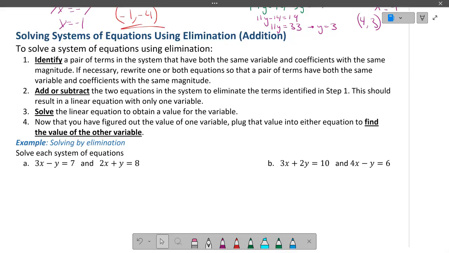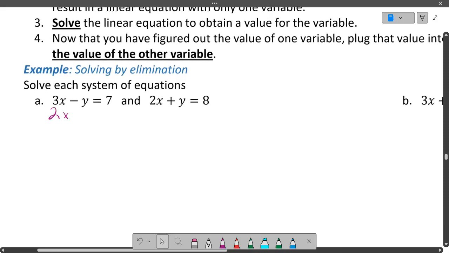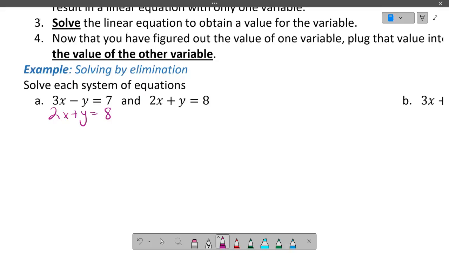Okay. So we want to stack this up like old school addition. If I were to add or subtract these expressions, would one of my variables cancel out? The y.